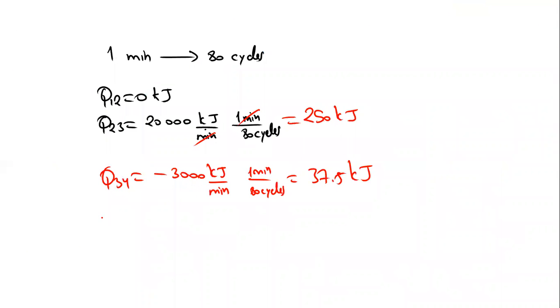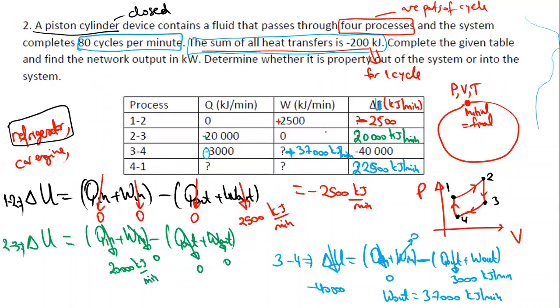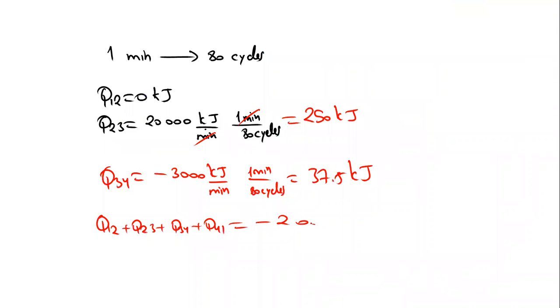Now I will add them. Q12 plus Q23 plus Q34 plus Q41 is negative 200. For the first one, it is 0. For the second one, it is 250. For the third one, it is 37.5. This one is unknown.